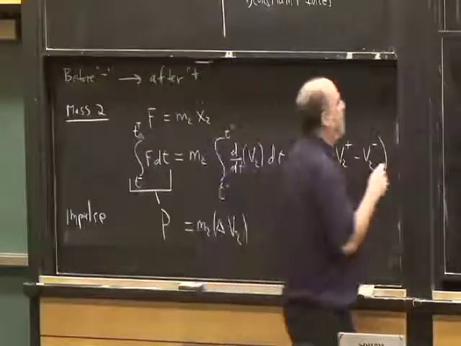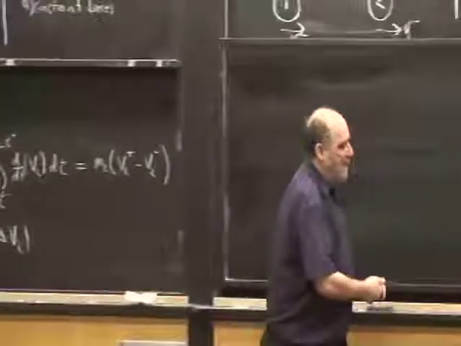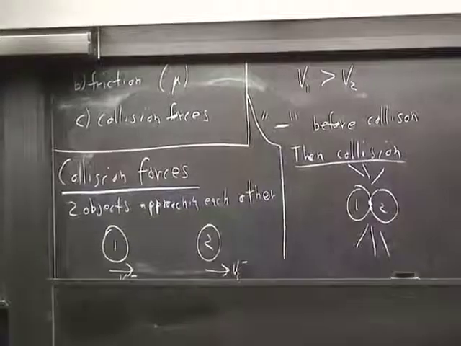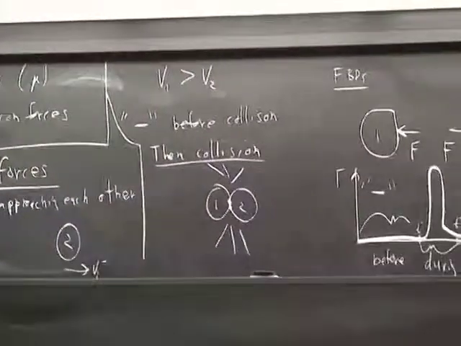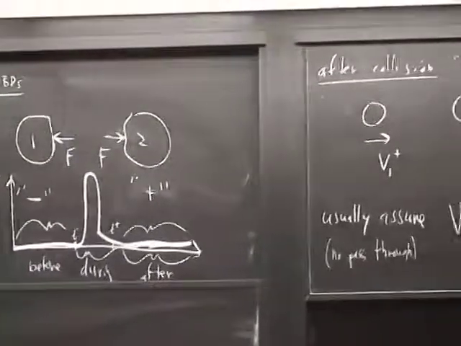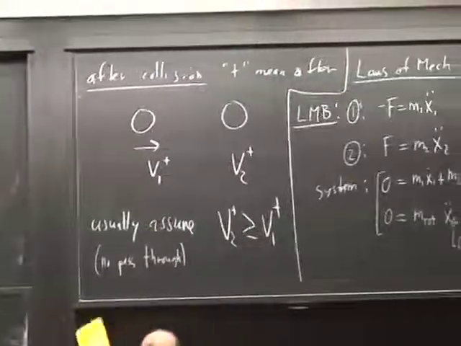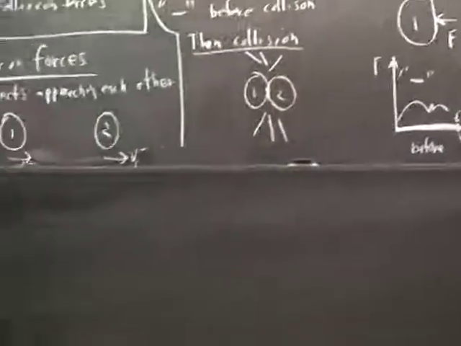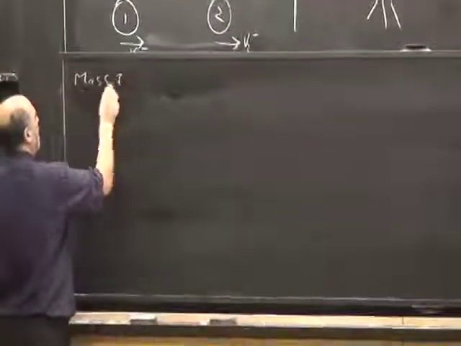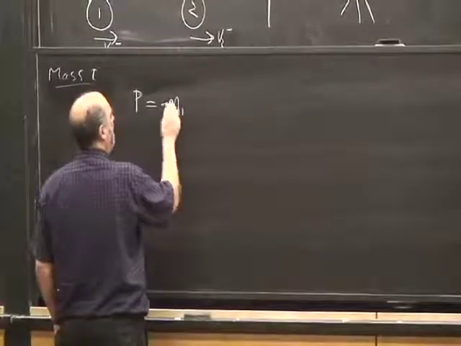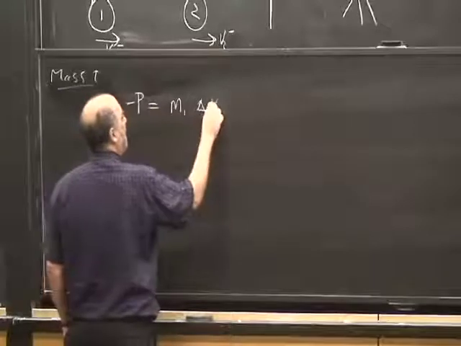And now we can write the same thing for mass 1, which says that that same P, with a minus sign, minus P, is m1 times delta v1.